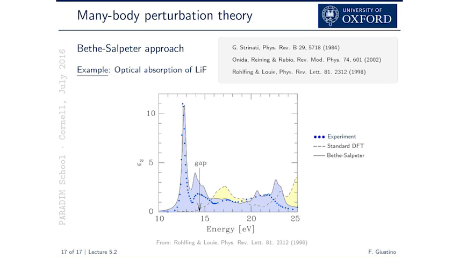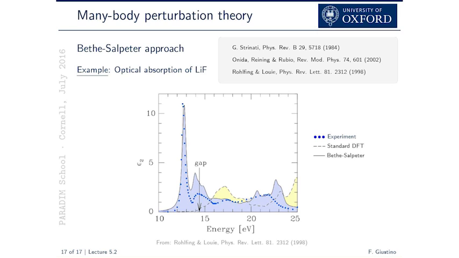The actual band gap is maybe 14.5 eV, and what you can see is that the experiment gives a very strong peak, which is below the band gap, and which is not captured at all by the calculation. This is not a problem of DFT. It is a problem of the independent particle approximation, where you are not taking into account the interaction between the photoexcited electron and the hole left behind.